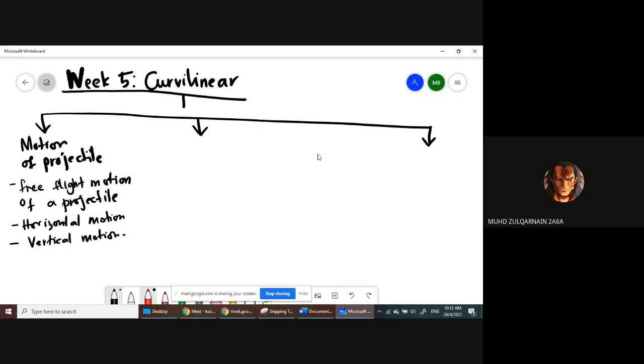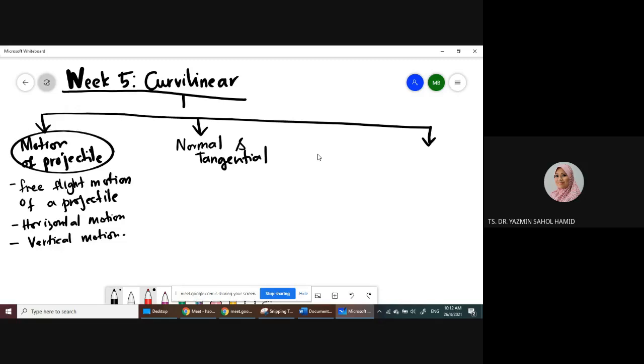All right. And next, there is another curvilinear which is called normal and tangential. So this one we were supposed to do last week, but we weren't able to due to a house blackout, but we'll do it today.